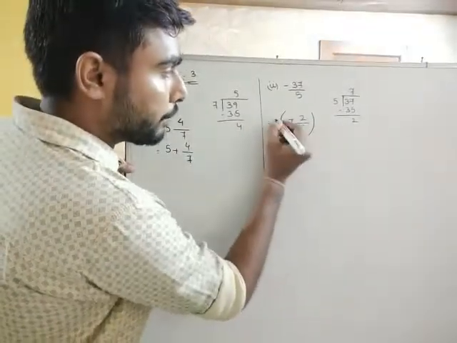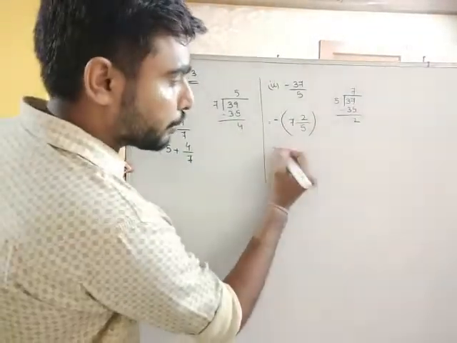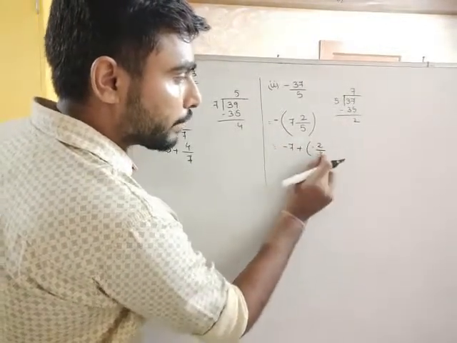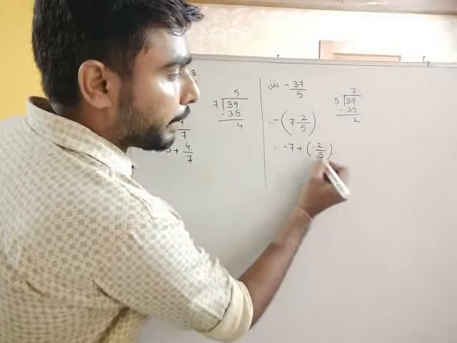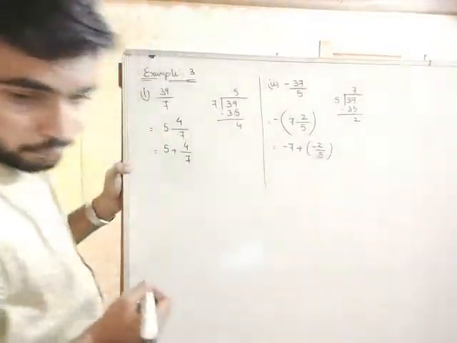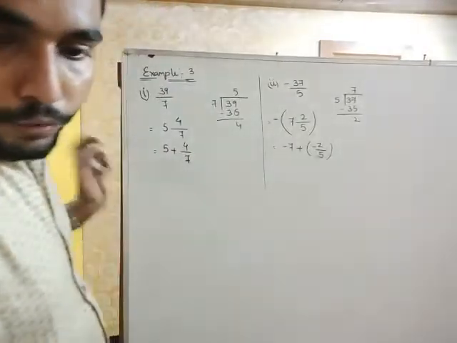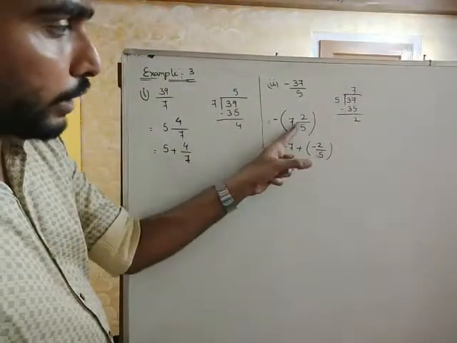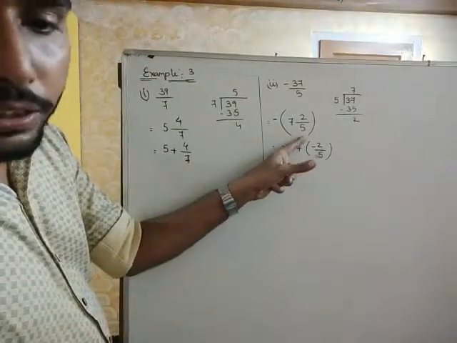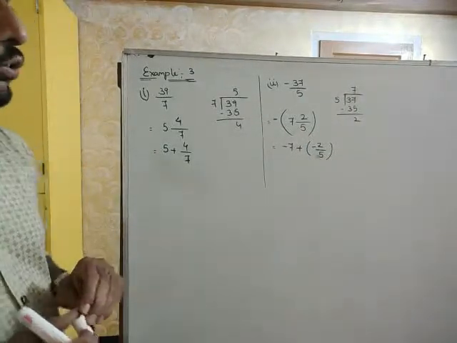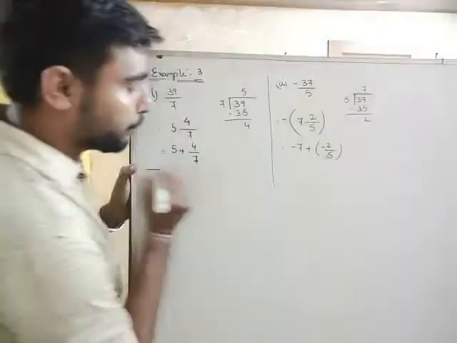This was negative, so it will be minus of this, so it will be minus 7 plus minus 2 by 5. The minus will be with both, because the whole rational number was negative, so the minus comes with the whole part and also with the fractional part, that is the rational number. Got it right, all of you?